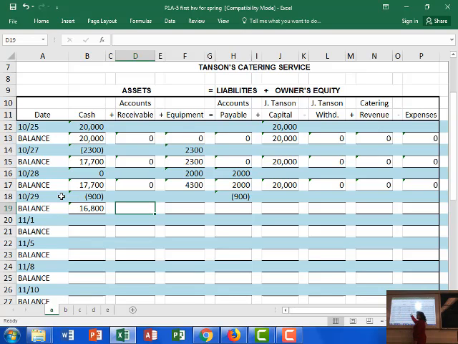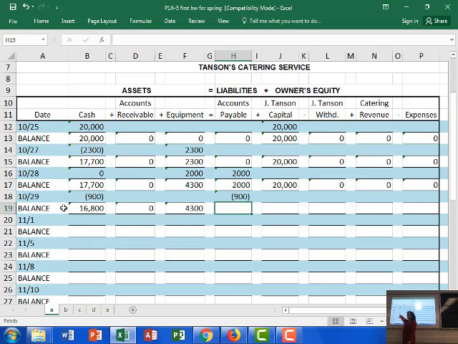Right here, yeah, because we went ahead and it says we are paying on that account. We're paying on this one. So we're going to decrease the cash, and then we are also going to decrease the accounts payable. No, because remember, this was accounts payable. This is how much we owed. The cash?